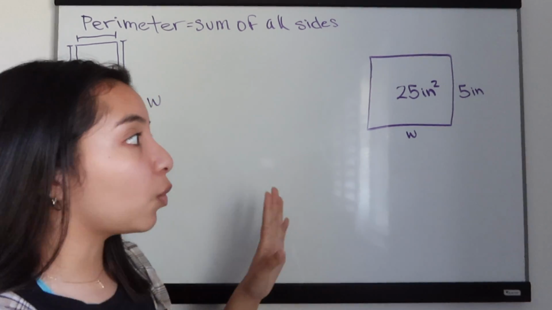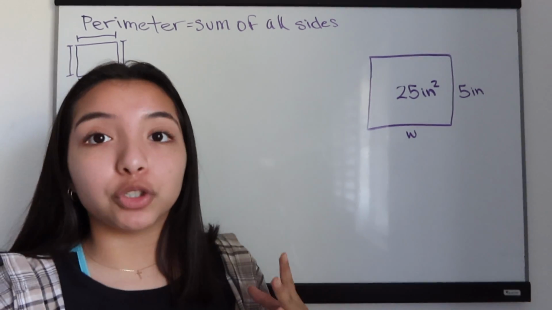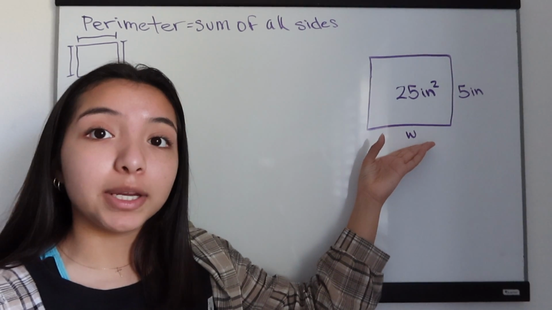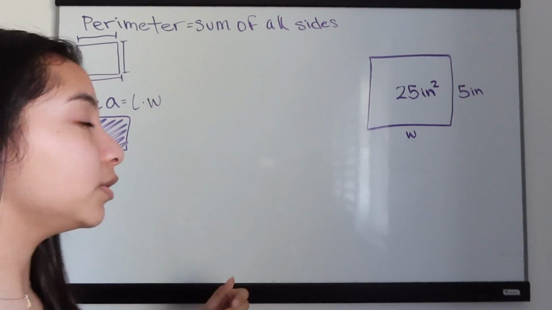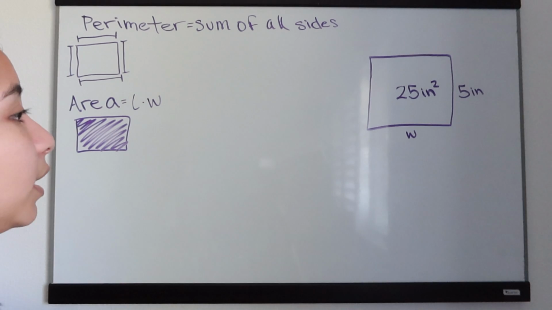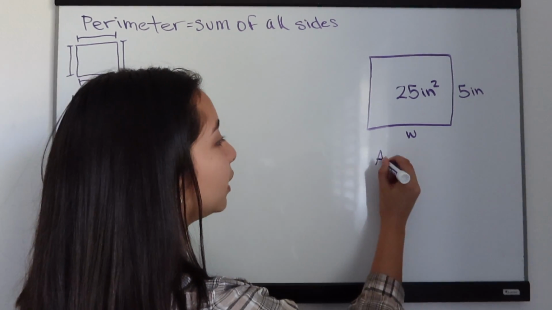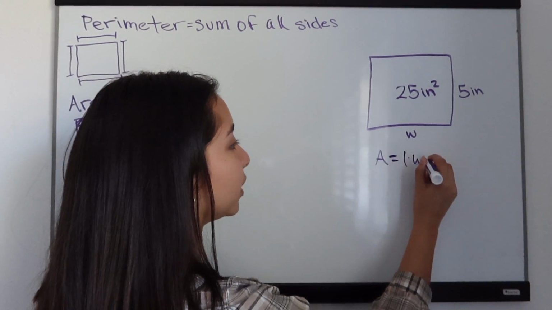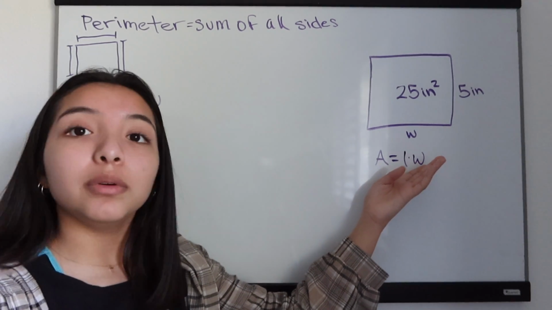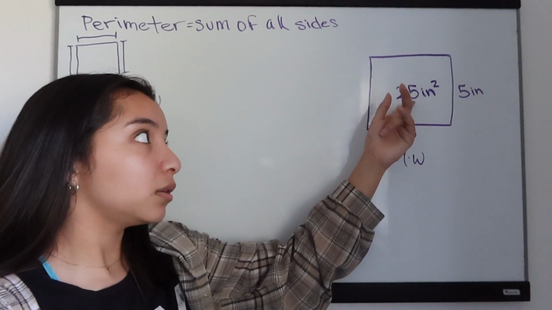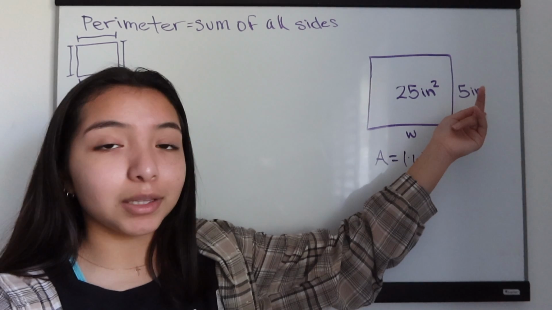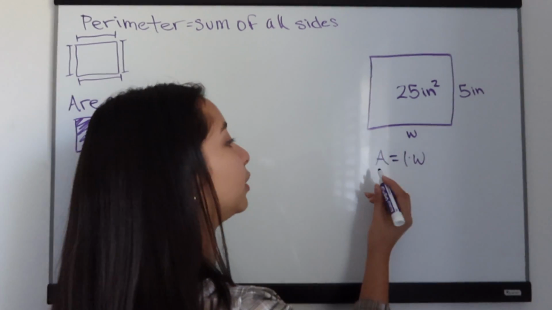But if we wanted to figure out algebraically what W is equal to, then we could use the formula of area. So area is equal to length times width. We could find W because we already know A, the area, and L, the length. So let's just plug in those values.